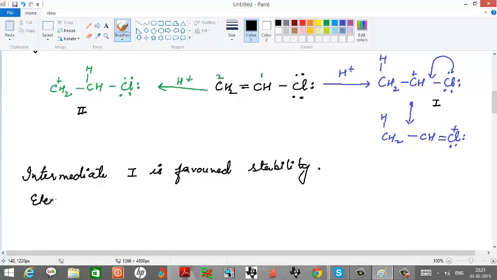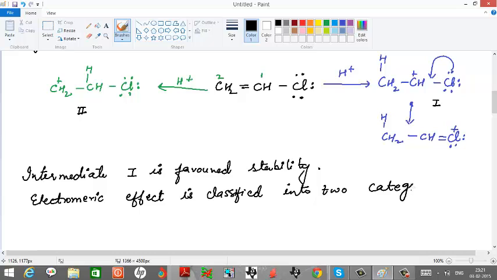So the electromagnetic effect is classified into two categories, one is plus E effect and the other is minus E effect.